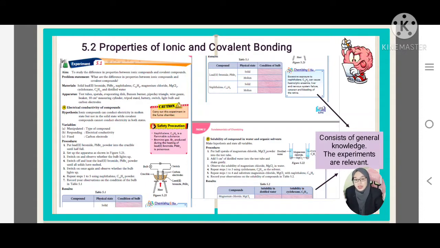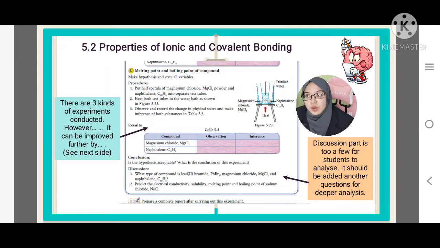There are overall 3 types of different experiments to study the properties of ionic and covalent bonding. My comment is that the discussion part is too short for students to analyze. More questions should be added for them to think and analyze together in doing the lab report.